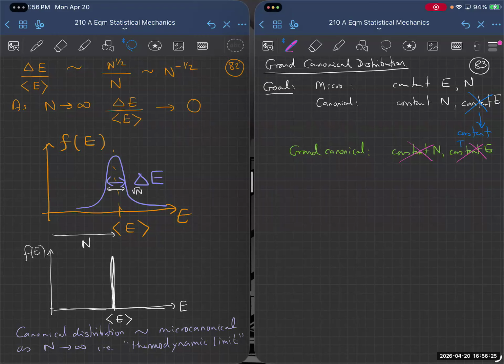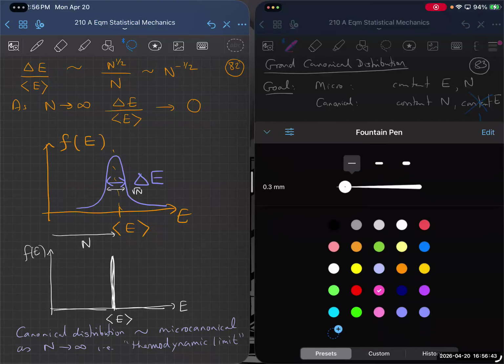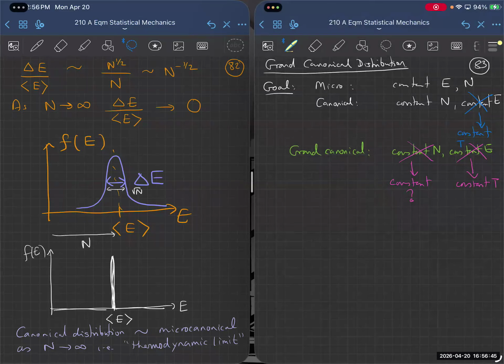This one, we know, tells us that we have constant temperature if we take that off. And this thing gives us something else being constant, and we're going to find out what that is. So that's the first thing we're going to do, is see what happens as we relax these constraints even further. We're going to allow the particle number to fluctuate.